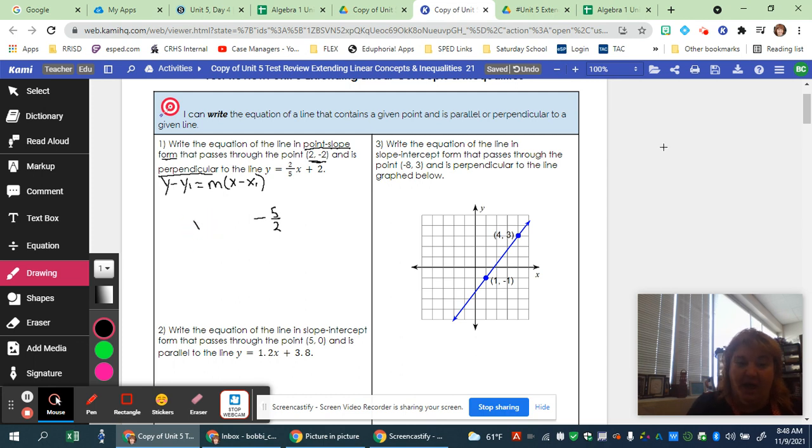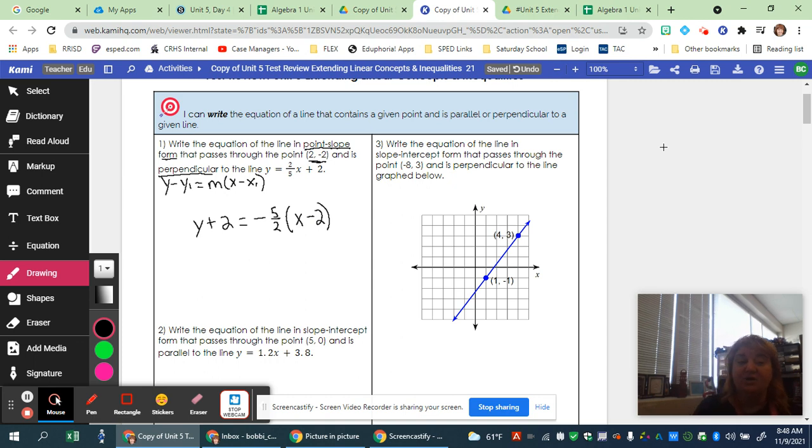So y plus 2. Now I did plus 2 because my y is minus 2, and if I do minus a negative 2, that gives me plus 2. Equals, here's my slope, times x minus 2.